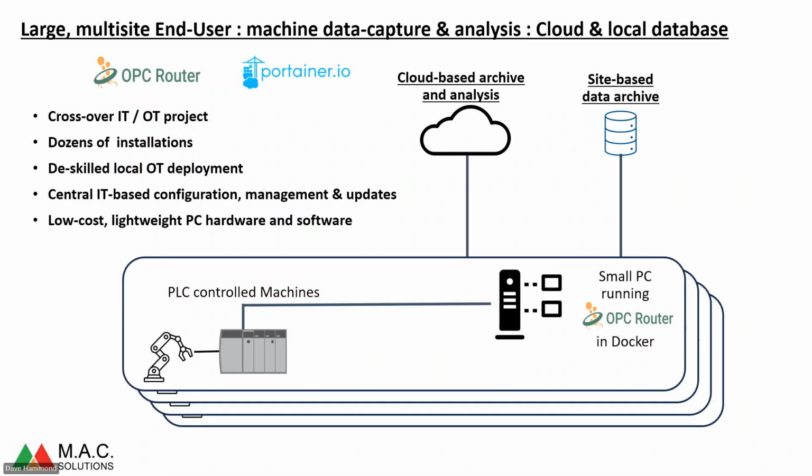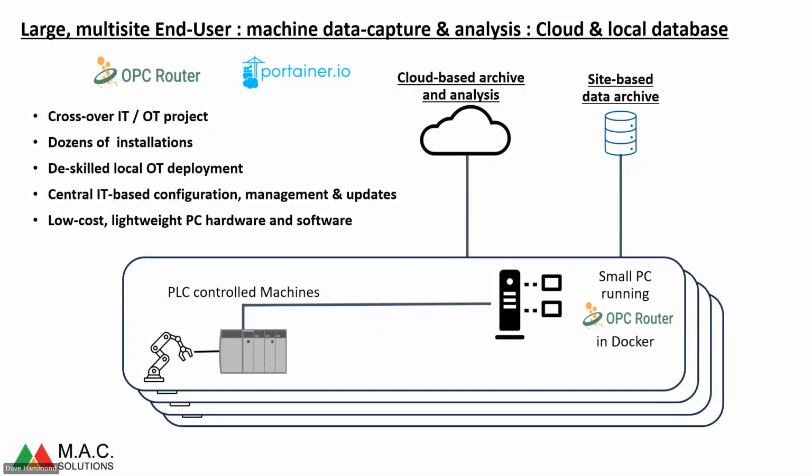There are different architectures, but here for one machine they have so much data that they use an edge device. They directly connect it to the one machine and install OPC Router, which then pumps all the data into the cloud because of the high amount of data.